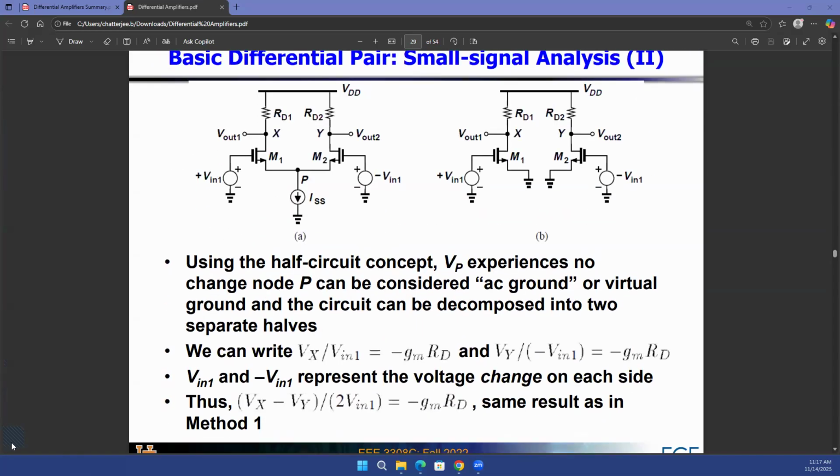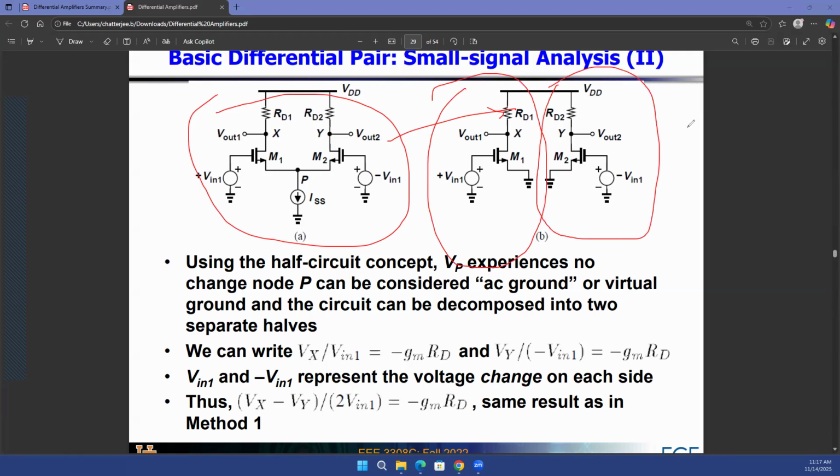Okay. Now, if you connect point P to ground, your circuit, the left side circuit, which is your original differential amplifier, becomes this. The sources of M1 and M2, both of them, are connected to ground. So you basically have divided the differential circuit into two parts. One is a common source on the left side, the other one is a common source circuit on the right side. And that's it.